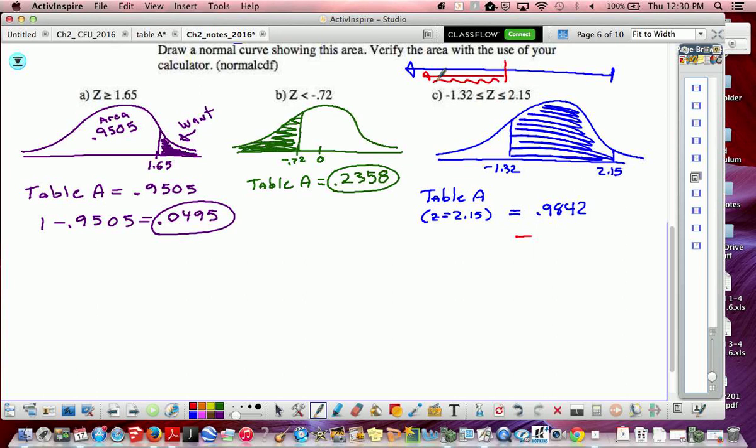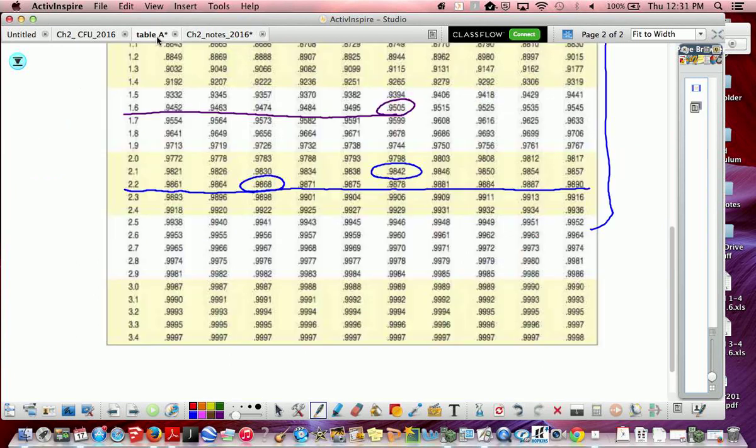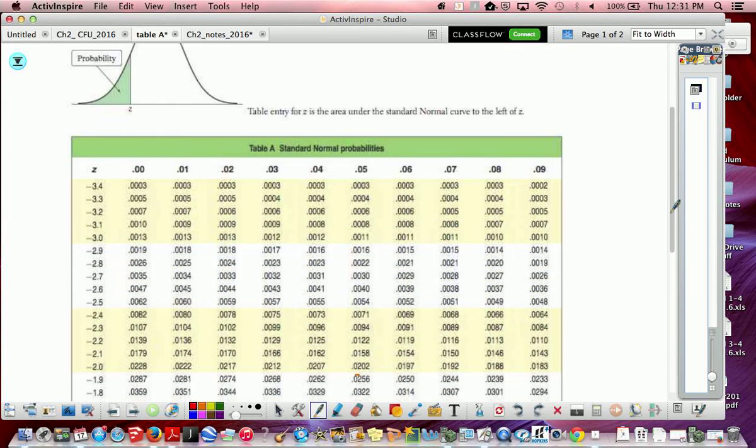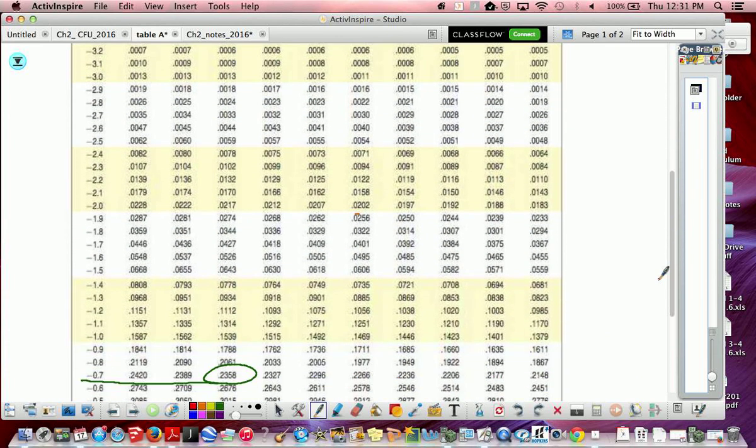That particular area is found by doing the z-score of negative 1.32. So, look at my table A again. I'm now going to the negative side. Negative 1.32. You got it.